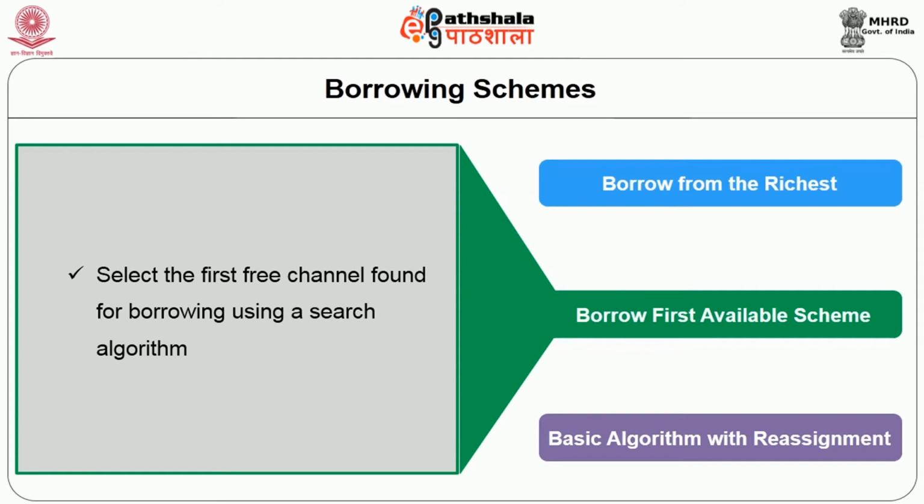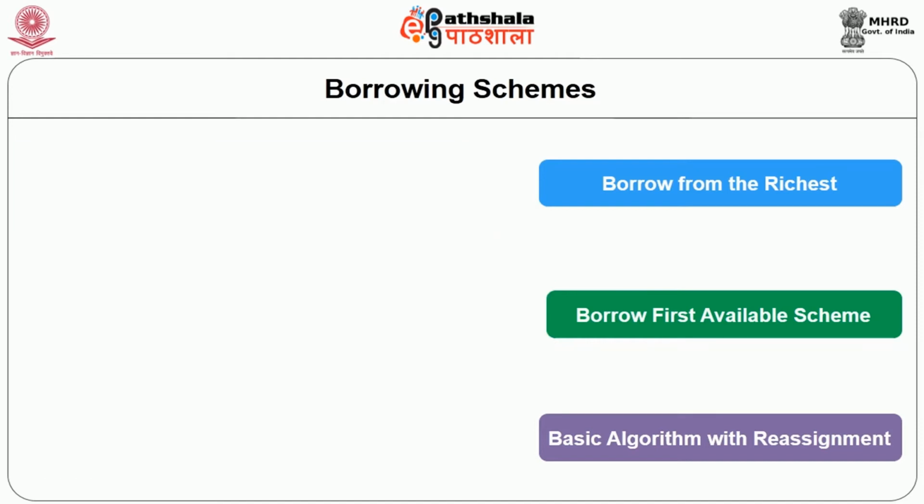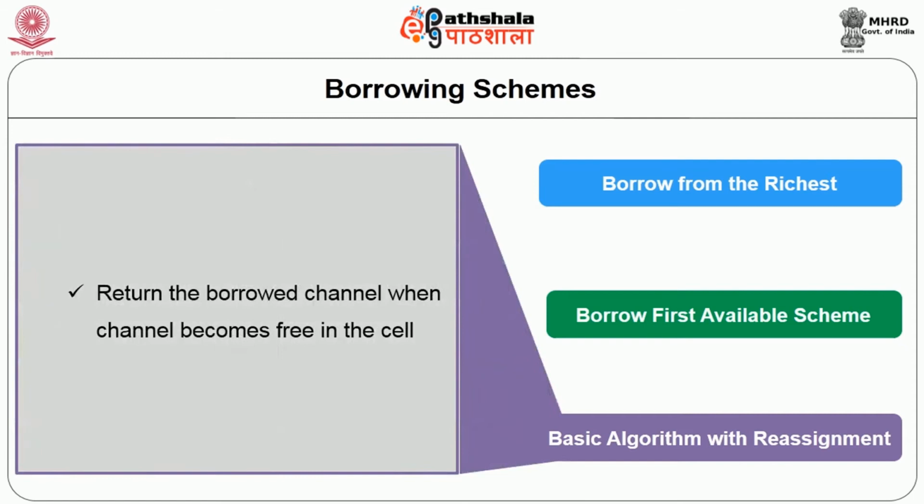That is, select the first free channel found for borrowing using a search algorithm. And thirdly, the basic algorithm with reassignment, in which after borrowing the channel, when it becomes free, it is returned to the donor cell. The only thing is that, to be available for borrowing, the channel must not interfere with the existing calls.